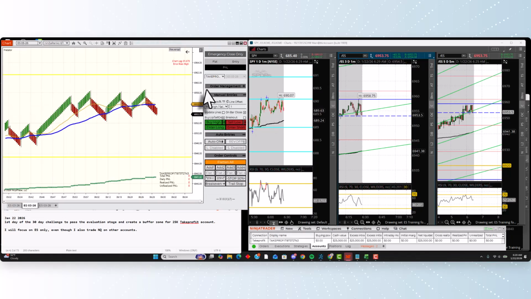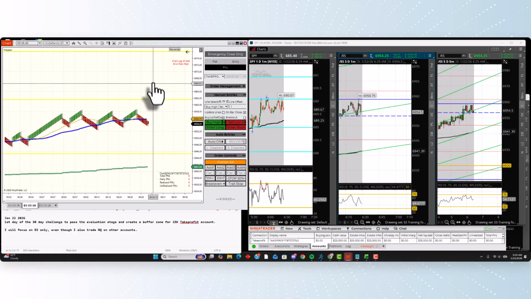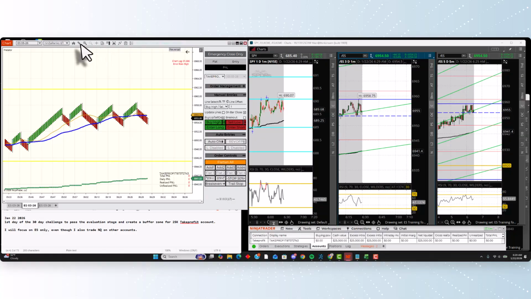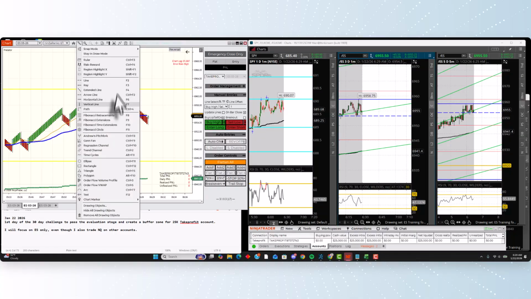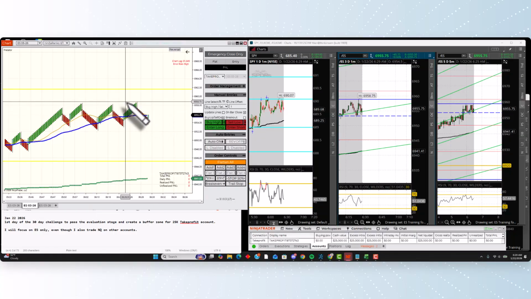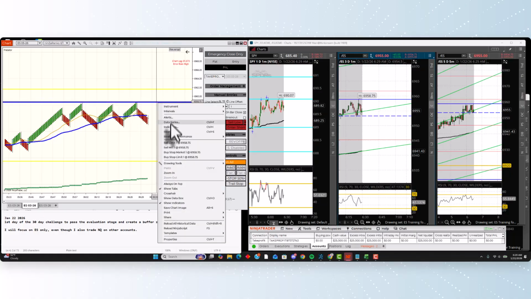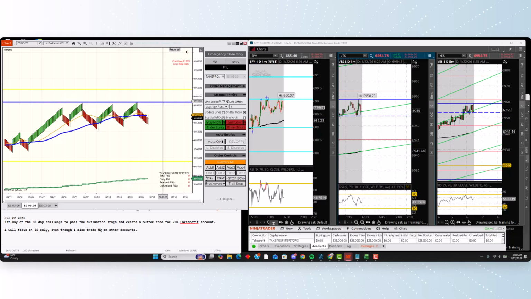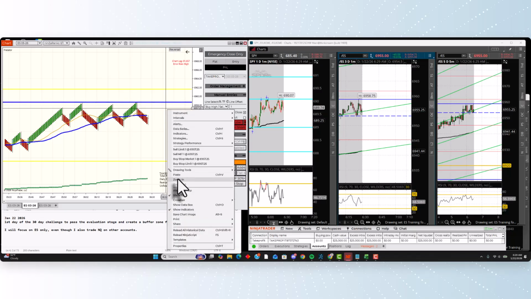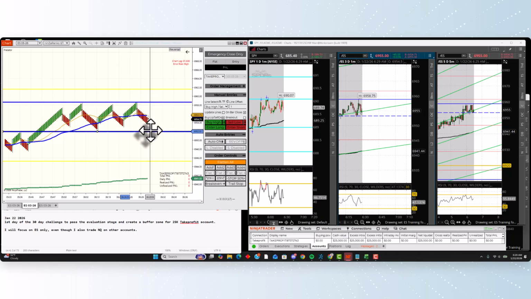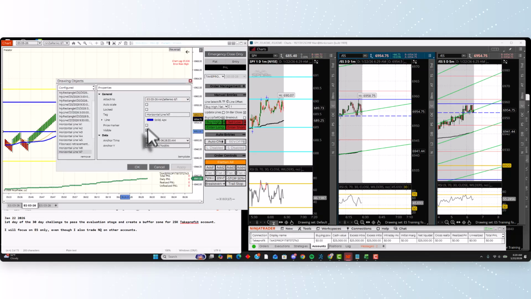All right, we can put the same lines here. That's the high. Let's make that the open when it opens.